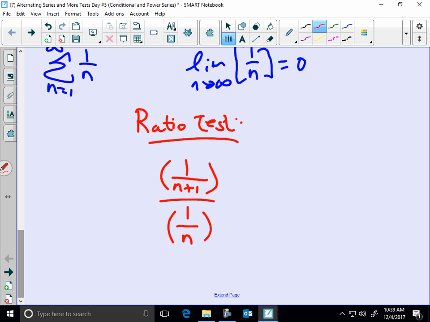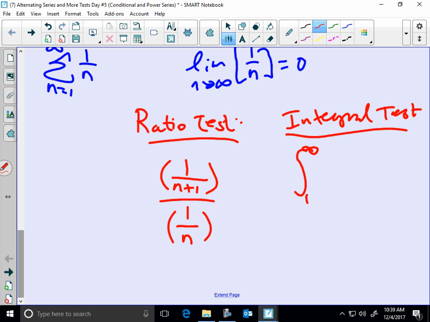So why don't we just jump to the integral test? Let's go to the integral test. That tells us that if the integral from 1 to infinity of 1 over n dn comes out to be a finite number, then we know that this series will converge. Let's see what it is.